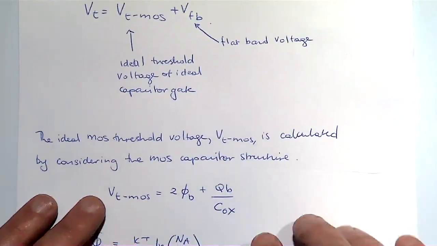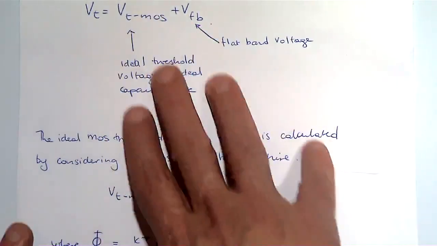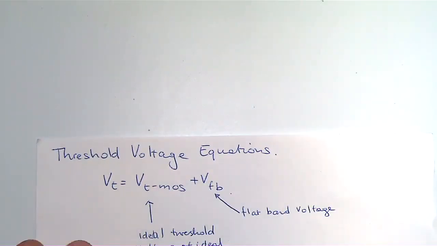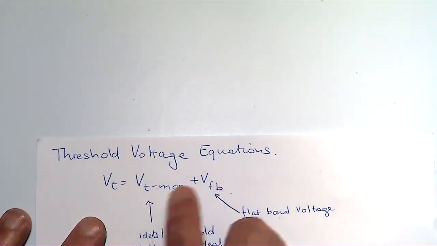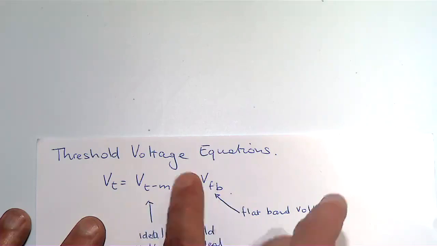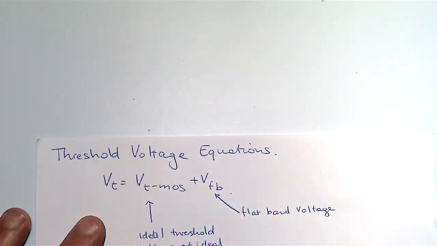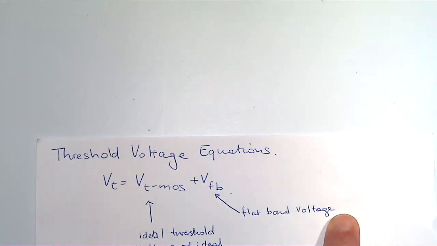Essentially, what I'm doing here is saying this threshold voltage can be derived as a function of the ideal voltage of an ideal capacitor at the gate plus this concept of a flat band voltage.